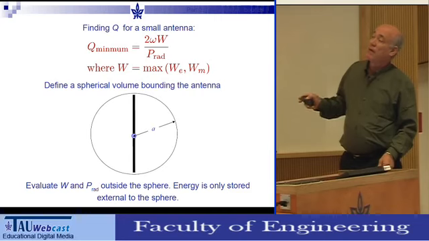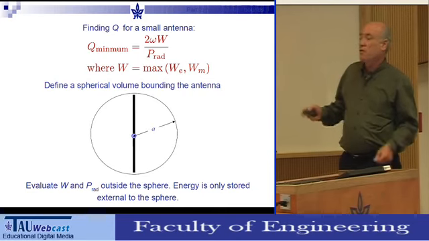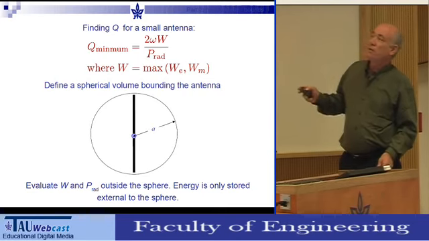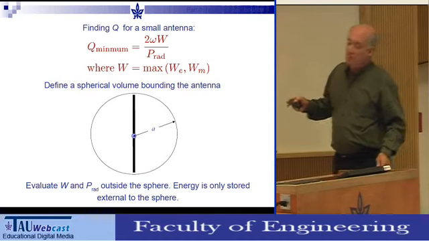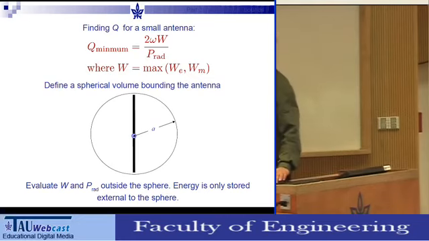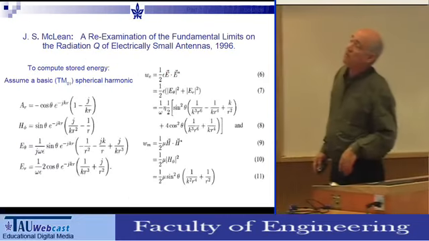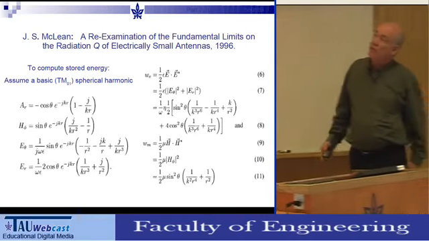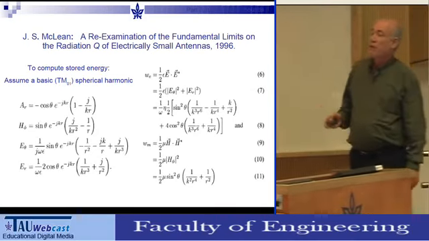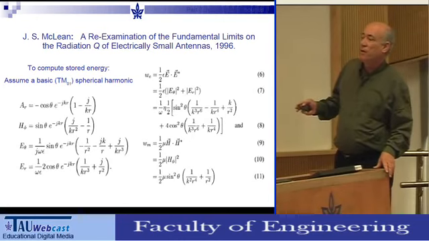Now, people look at a sphere that bounds the antenna. That's already a problem, but it's rather easy to solve. And what they do is they compute all these quantities outside the sphere, assuming that there is no reactive energy stored within the sphere. I'm not going into these equations. I'm trying to point out that if you look very close to the antenna, you have terms that look like so: R squared, R cubed.